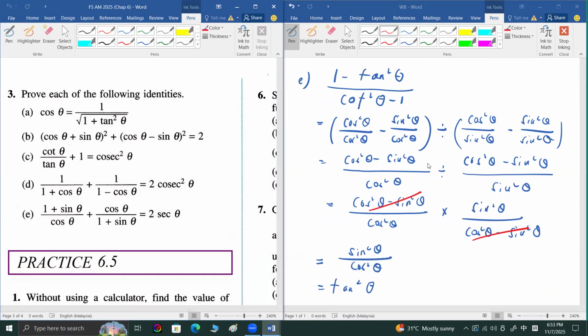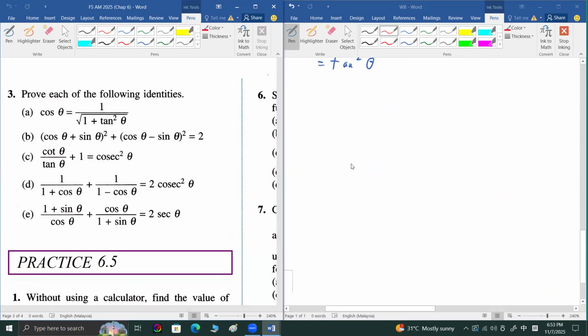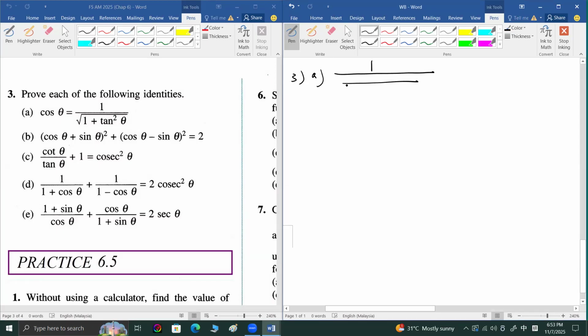Same, I think I choose the right side because the left side is too simple, not complicated. It's very hard for me to prove. Okay, so class, listen to me. I show you number 3A, the right side. 1 per... Class, remember, for this, you can't shift anything to the left or right. Not allowed to shift. Okay, so now let me see, because this is cos theta, I think nothing for me to change.